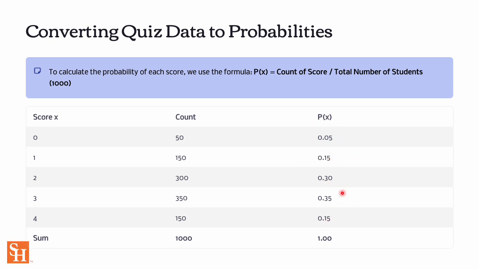So now the information that we have here is probability, right? And if you take the sum of all of these probabilities, it should be 1. It would be 1. Therefore now it is a probability distribution. So now we can see how we can transform the raw data into a probability distribution.